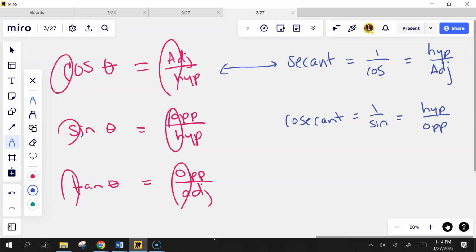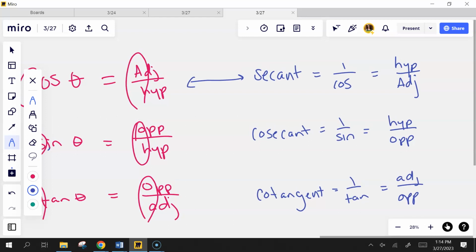And then the last one goes with the one that you think that it would go with. It's cotangent, 1 over the tangent, which is adjacent over opposite.